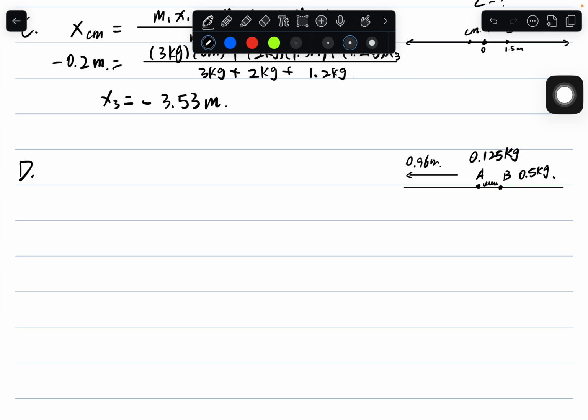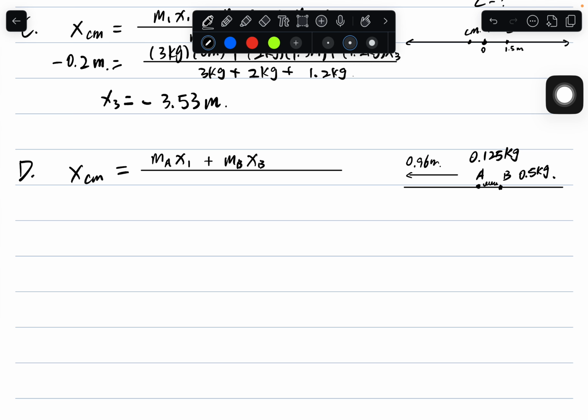And it asks how far to the right the glider is moved. We still use the same formula: CM equals (A times x_A plus B times x_B) divided by (A plus B).